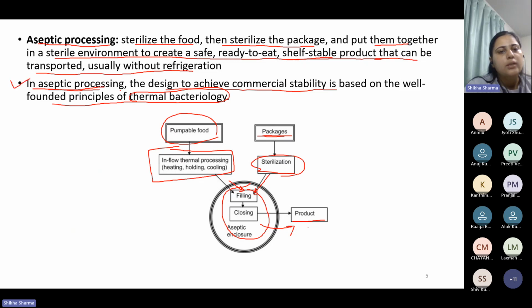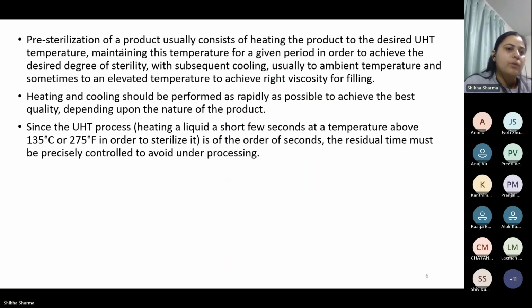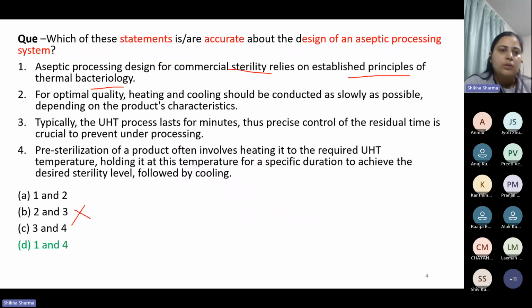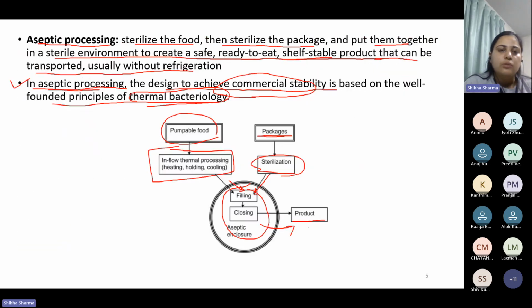In aseptic processing, the design we make for achieving commercial stability is so that all the bacteria will be killed using thermal treatment. So statement 1 is true. Now let's see statement 4, which is also true.